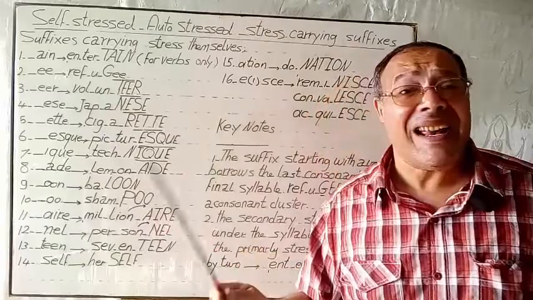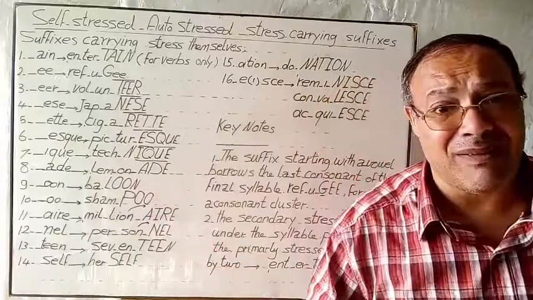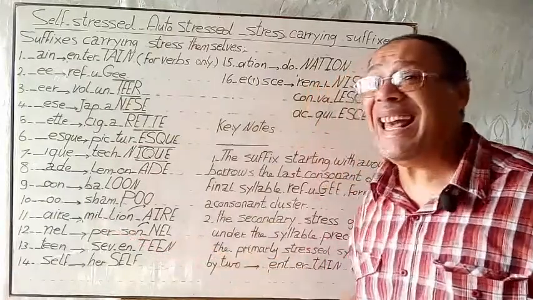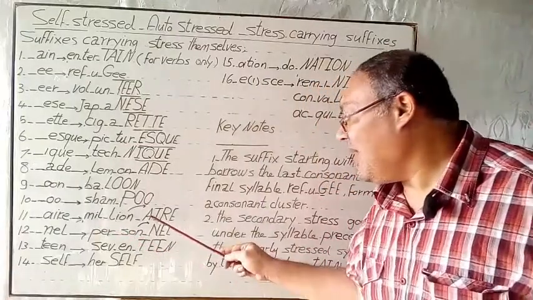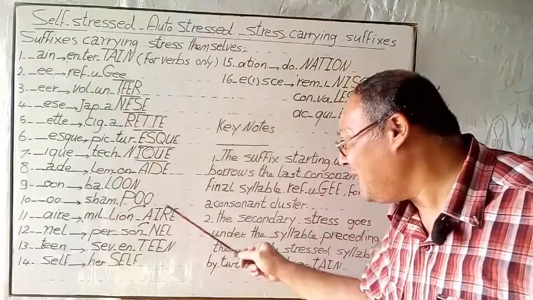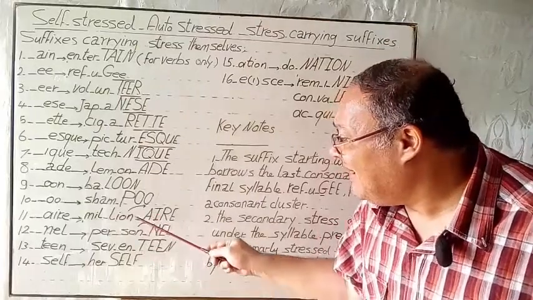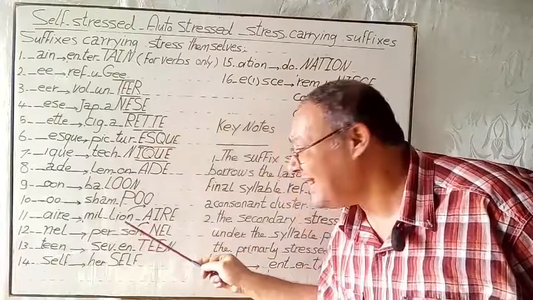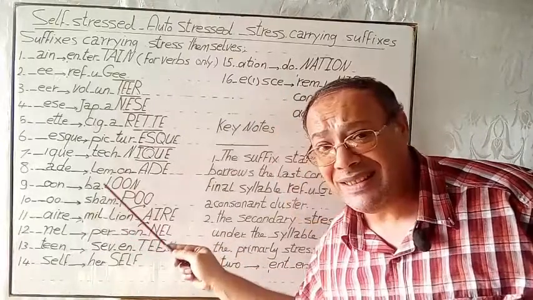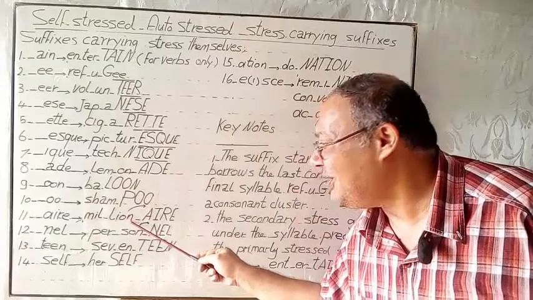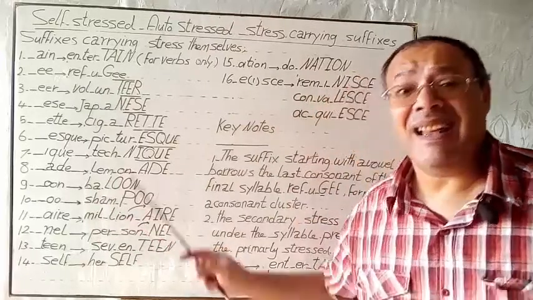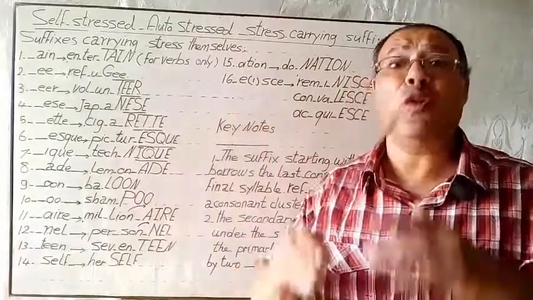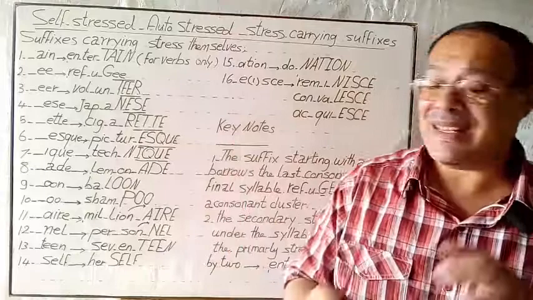AIRE is a suffix starting with a vowel sound, so it's not millionaire. So the suffix starting with a vowel sound takes the last consonal sound of the final syllable, which is N, and has the primary stress fully on this consonant cluster.